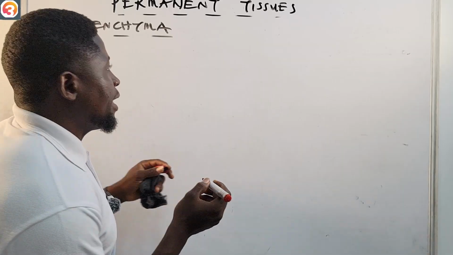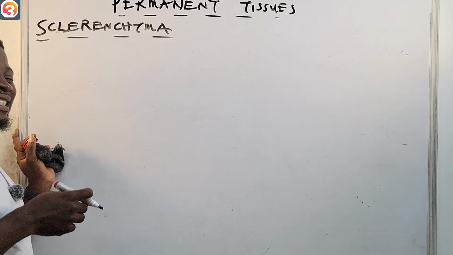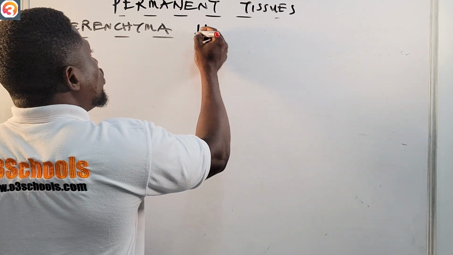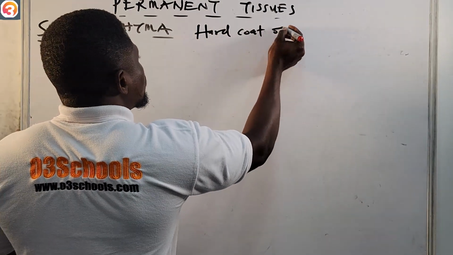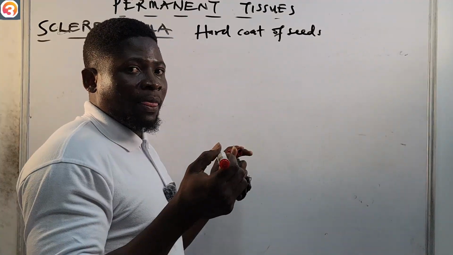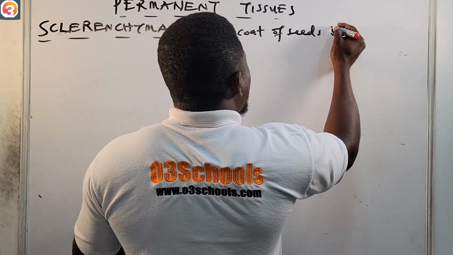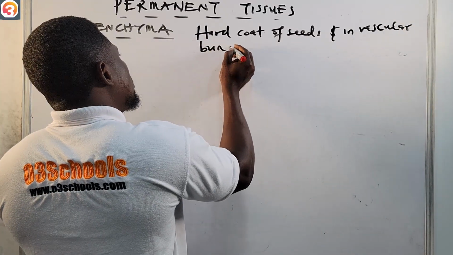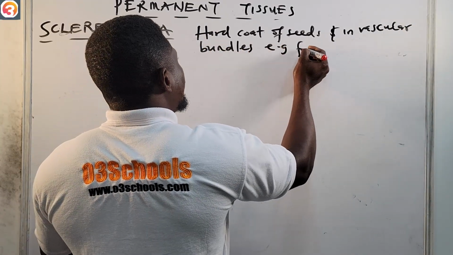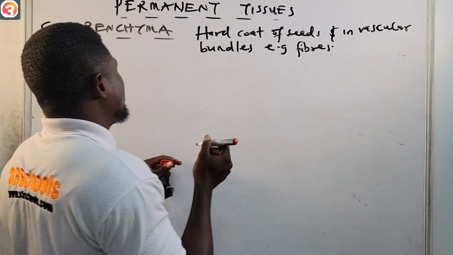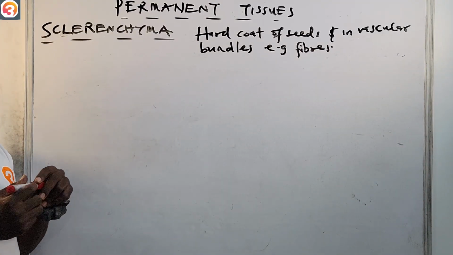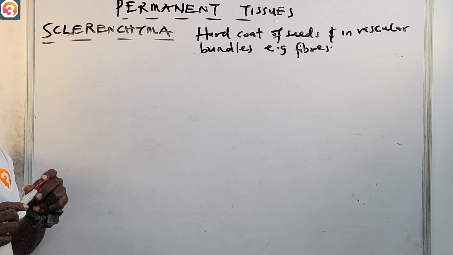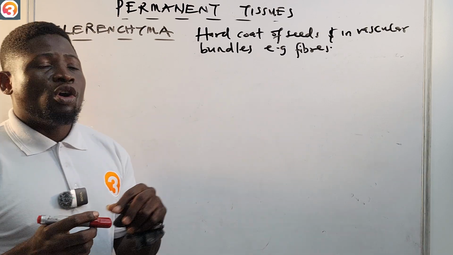For Sclerenchyma, they are found in the hard coat of seeds and in vascular bundles, e.g. fibers. So take note of that. Sclerenchyma is found in the hard coat of seeds and also in vascular bundles, e.g. fiber. Let's quickly see the characteristics of Sclerenchyma.